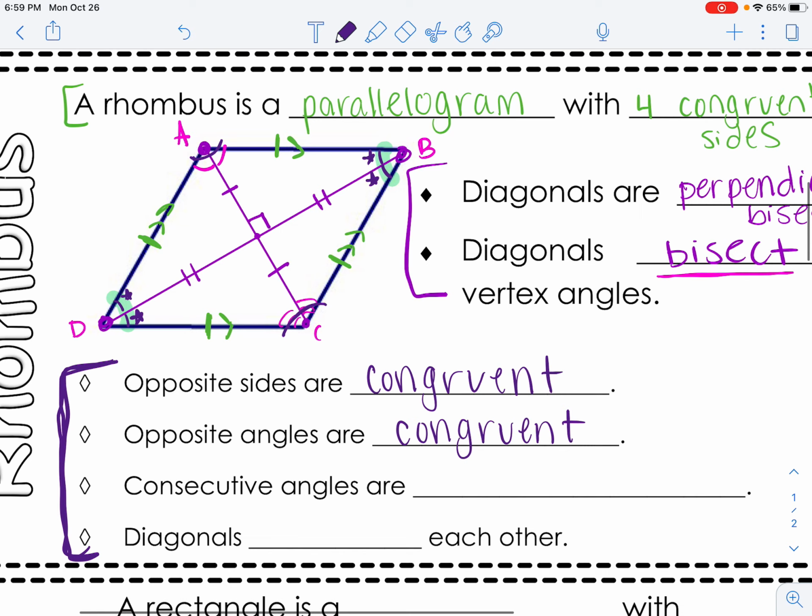All right, the next piece says consecutive angles are blank. So consecutive angles here are supplementary. Remember supplementary means they sum to 180.